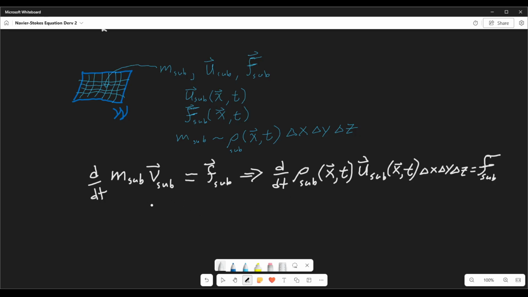However, the total force on the sub actually goes like a volume dependent force. So this is basically force per unit volume of the sub times the volume.